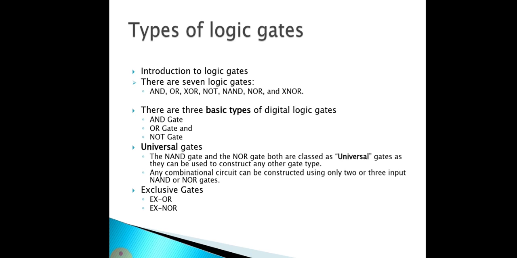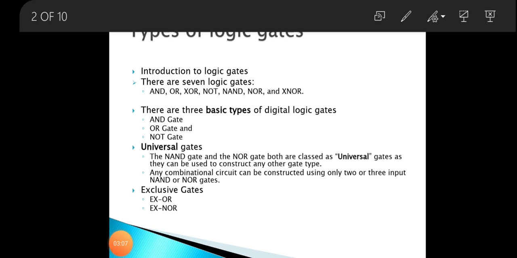Now we'll see what is logic gates. Logic gates are the logic circuits which act as the basic building blocks of any digital system. It is an electronic circuit having one or more inputs and only one output. The relationship between the input and output is based on a certain logic.